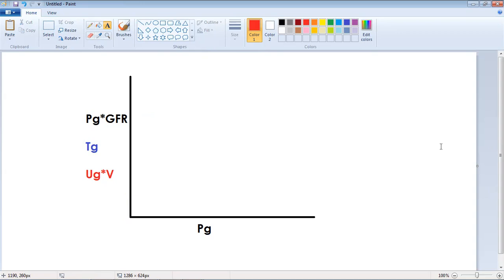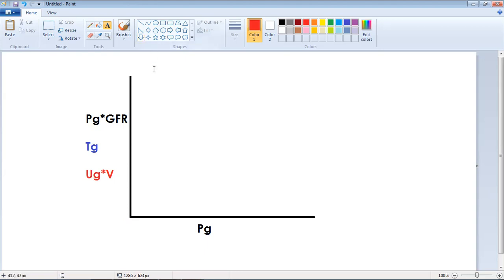As plasma glucose is increasing, in the afferent arteriolar blood or in plasma as a whole, what will happen to PGGFR? Very simple.